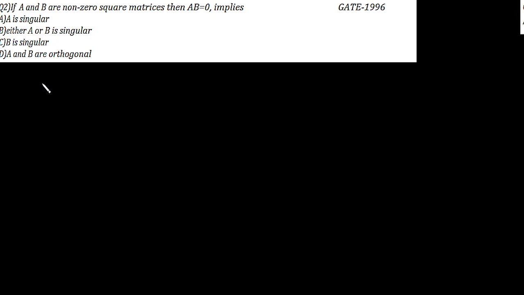So first of all, let's write it. It is given that the multiplication of these two will give a zero matrix. So the output must also be a square matrix, because A and B are square and it may be of any order. Here I assume it is 2 cross 2. Now what we have to do is take the determinant on both sides of this equation.